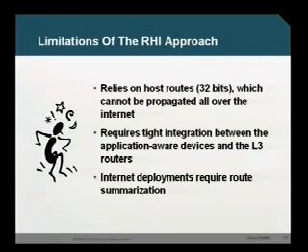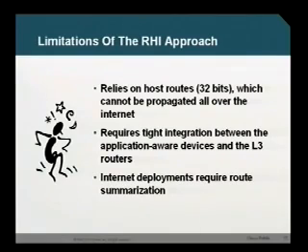It requires tight integration between the application-aware devices and the layer 3 routers. So you want to make sure that the routing that's happening to and from the application takes a symmetric path, right? We have given this information to the routing plane. We have multiple routes there. Traffic can go here and there. But once it's coming into a particular site, we take the same path because we're going to go through firewalls and stateful devices. We want to make sure there's symmetry there.